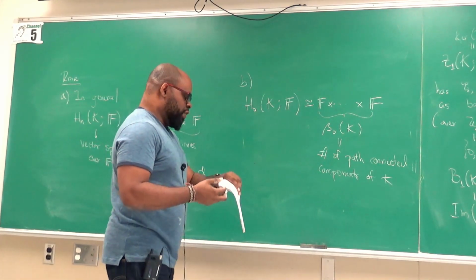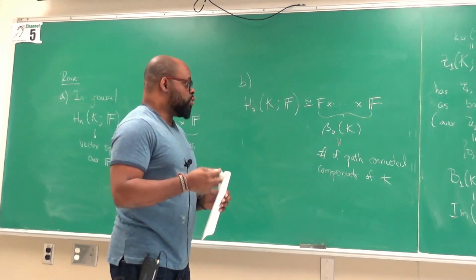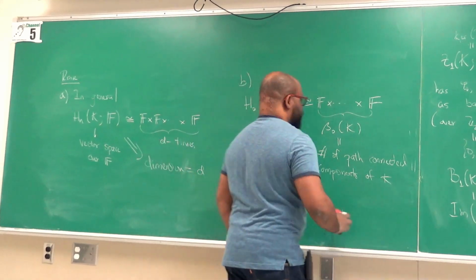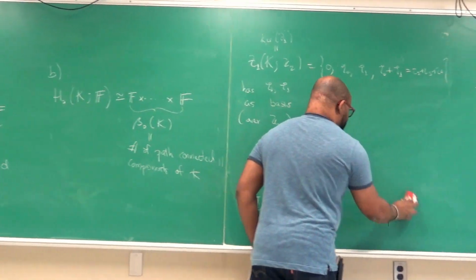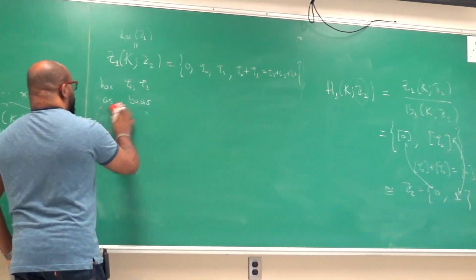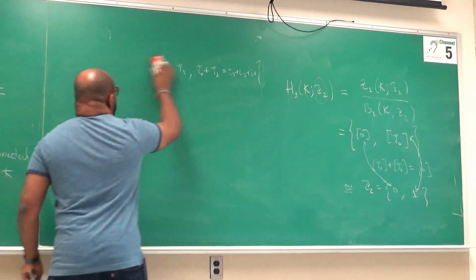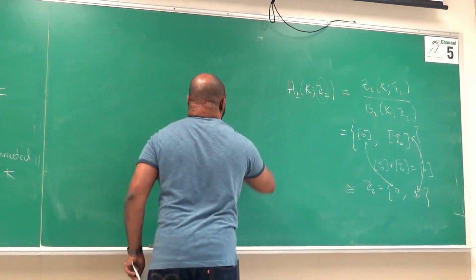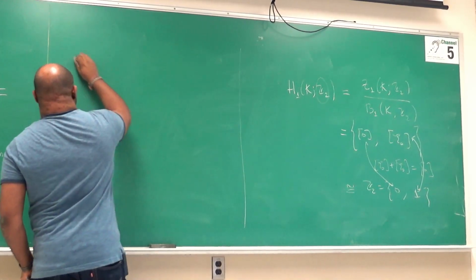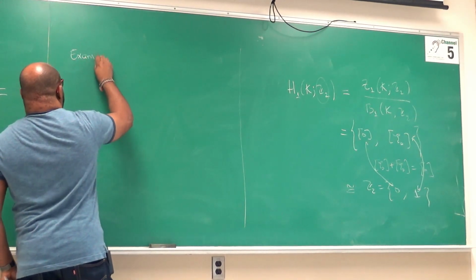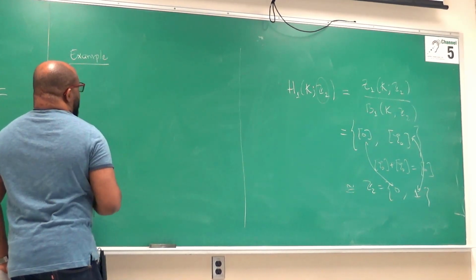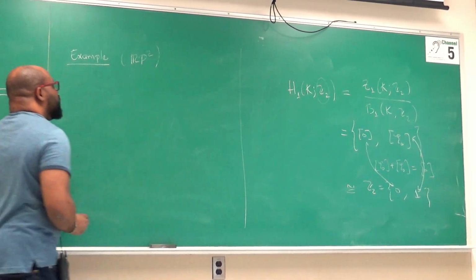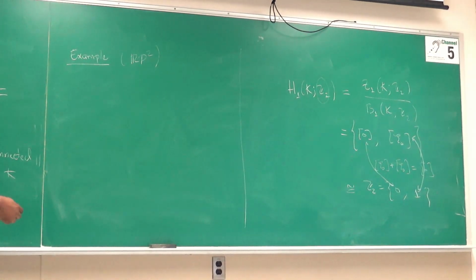Now, let me give you a less trivial example just to illustrate what happens when we change the field F. Okay? So, for this example, I'm going to use the projective plane. So we're going to compute the homology of RP2 over several fields.